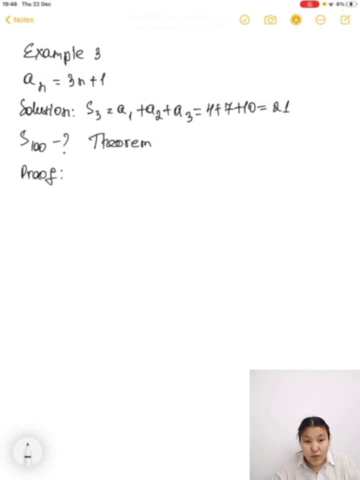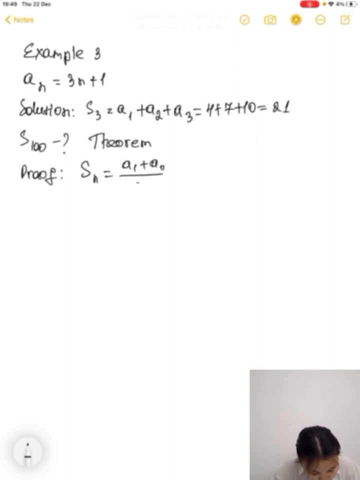The sum of the first n terms of an arithmetic sequence is S sub n is equal to a sub 1 plus a sub n over 2 times n. Proof: S sub n is equal to a sub 1 plus a sub 2 plus up to a sub n minus 1 plus a sub n.